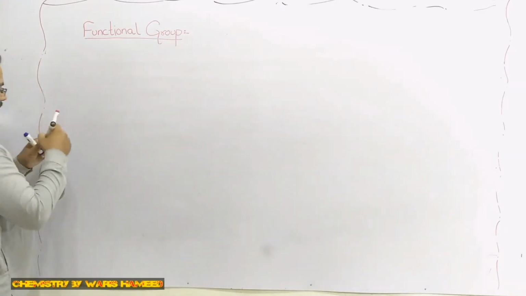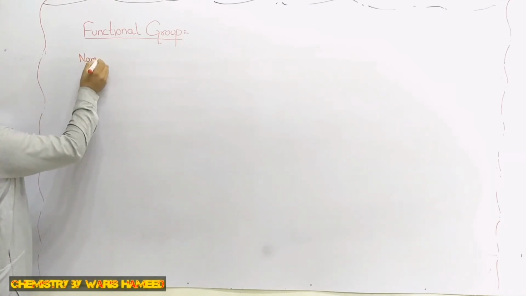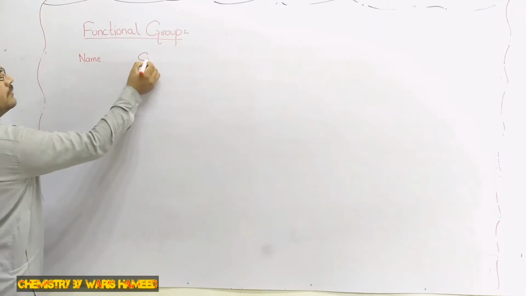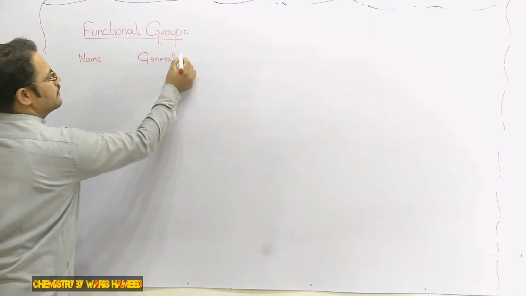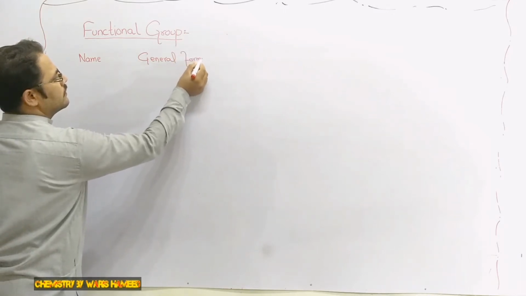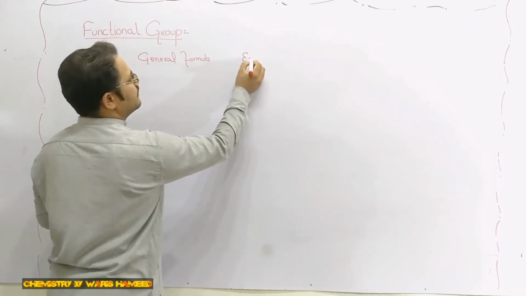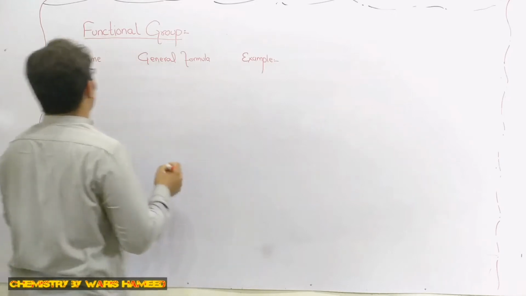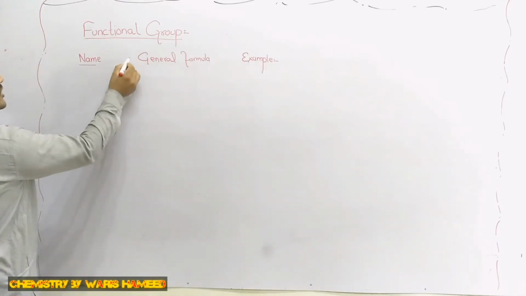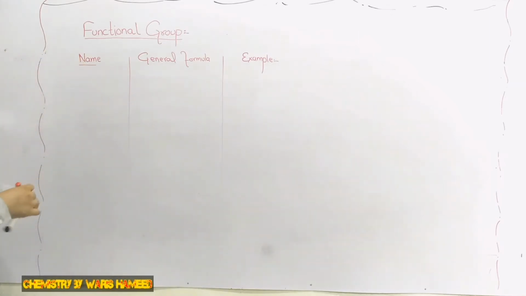Here is the name, the general formula, and an example. The first one is alkane.